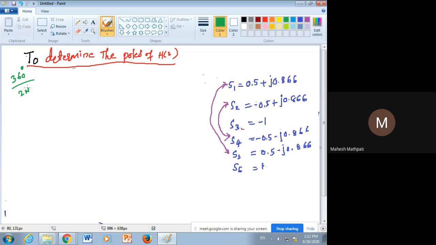and all the poles lie on a unit circle. So let us plot this. All these roots we are plotting on the S plane. तो यहाँ पे इसको हम S plane ऐसा plot कर रहे हैं अभी, right?